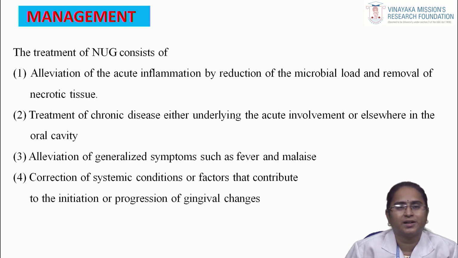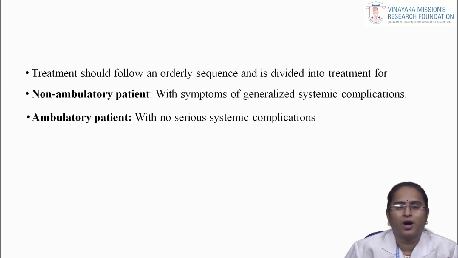Generalized symptoms should be relieved, and systemic conditions which predispose the host to necrotizing ulcerative gingivitis should be corrected. The treatment should follow in sequence and be divided into treatment for ambulatory and non-ambulatory patients. A non-ambulatory patient presents with severe systemic complications, whereas ambulatory patients present with mild systemic complications.